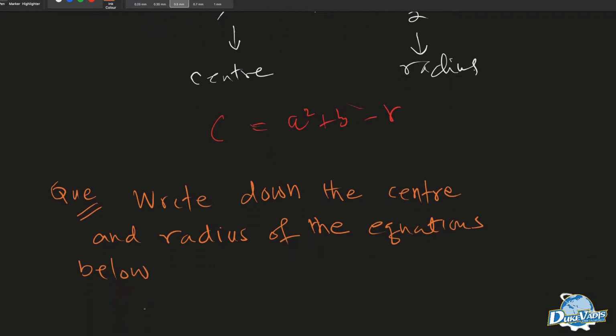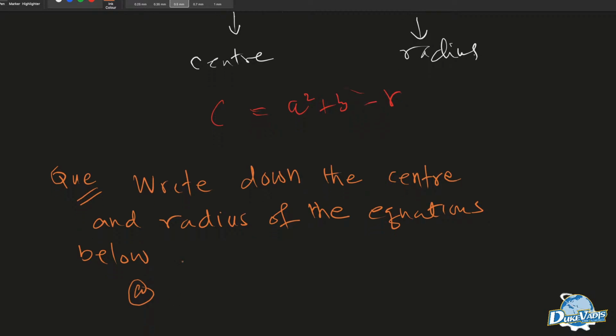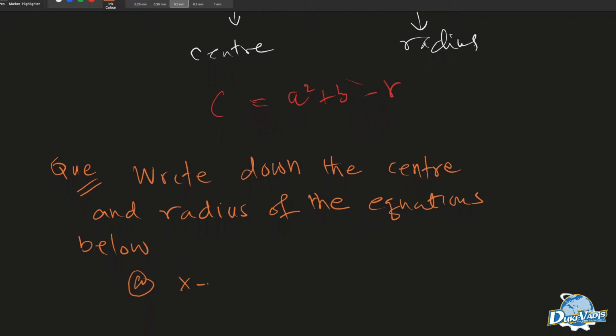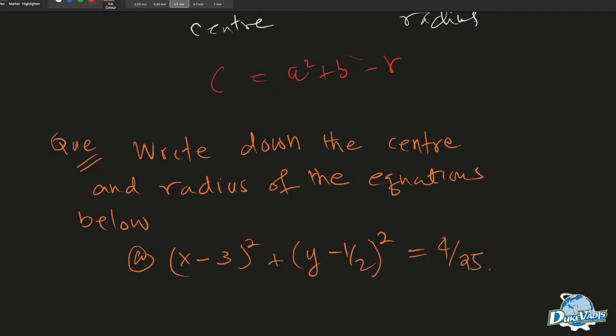Okay, so the first one, A, is given as x minus 3 squared plus y minus half squared equals 4 over 25. And the next one is B, which is x minus 2 squared plus y plus 3 squared equals 9 over 4.